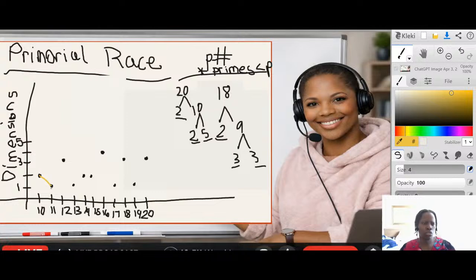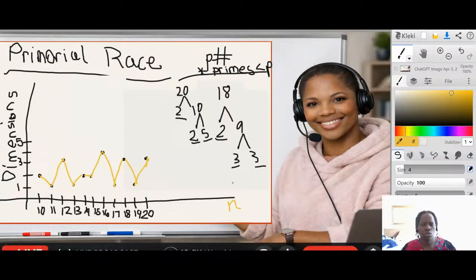We'll go down to the first dimension, then up to the third dimension, then down to the first dimension, up to the second, stay on the second, and then go up to the fourth dimension, down to the first, up to the third, down again to the first, and then up. All right, so this is our little dimensional graph from 10 to 20.